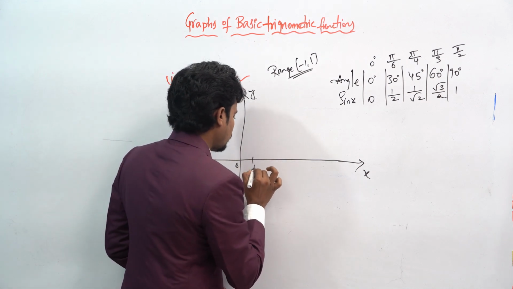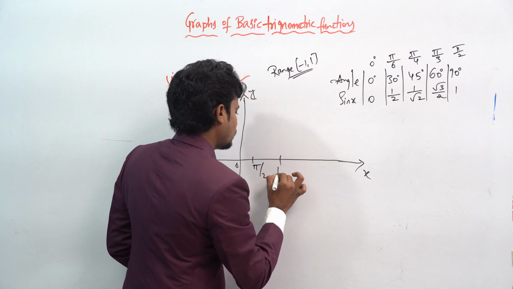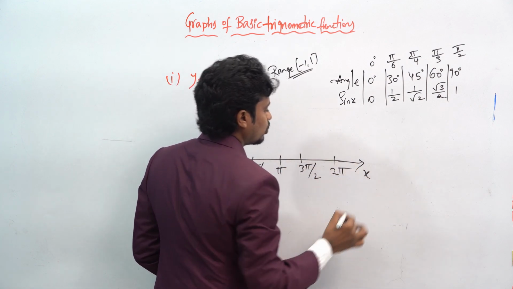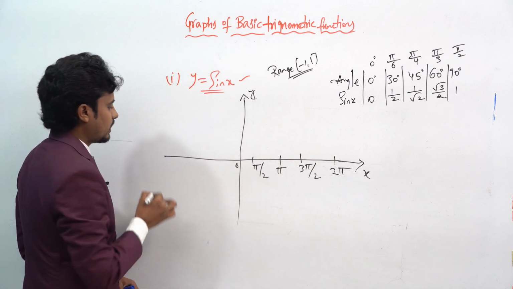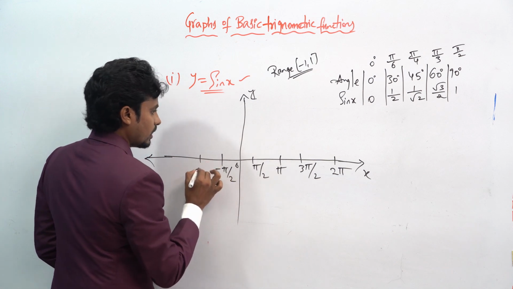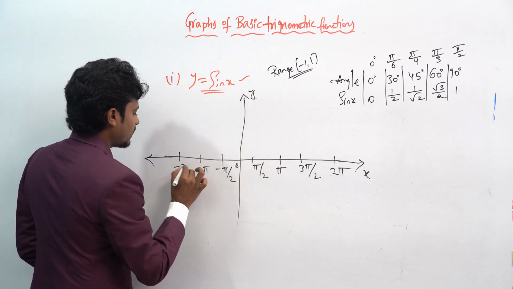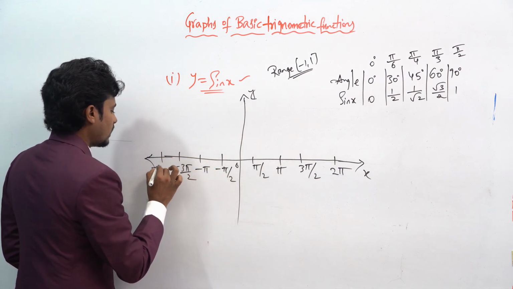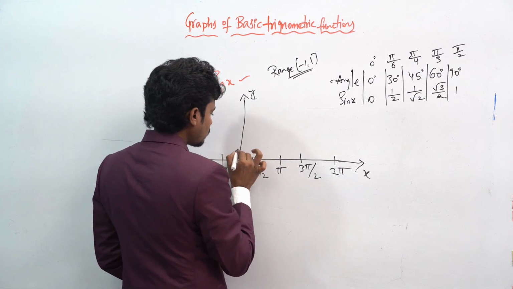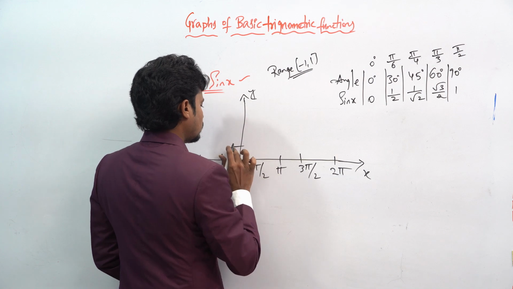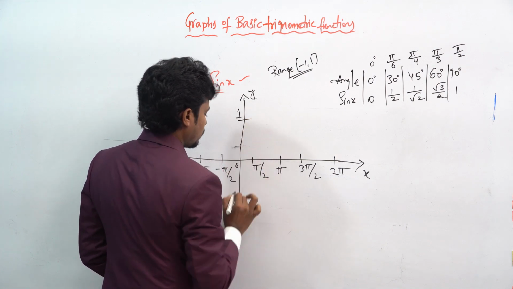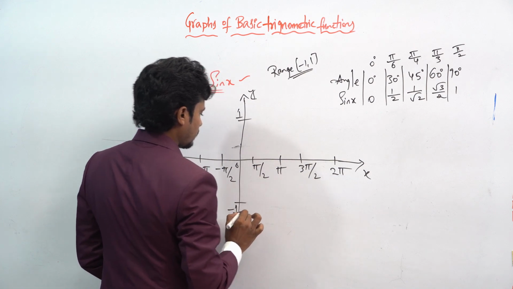First, this will be pi by 2, pi, and here this will be 3 pi by 2, and this will be 2 pi. And here also, this will be minus pi by 2, and here minus pi, and here minus 3 pi by 2, and this will be minus 2 pi. And here also the range from +1 to -1.